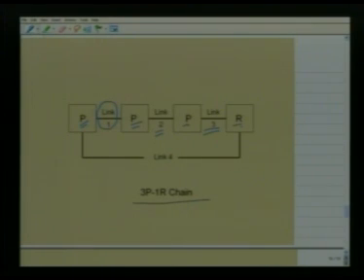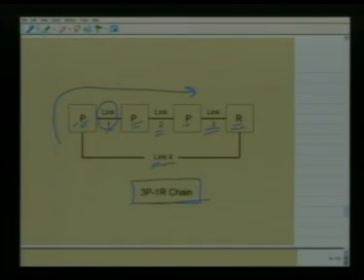There is a prismatic pair between link 1 and link 4, so there cannot be any relative rotation between link 1 and link 4. Thus, if we follow these 3 prismatic pairs, we conclude there cannot be any relative rotation between link 4 and link 3. Thus, this revolute pair, which allows only relative rotation between link 3 and link 4, cannot permit any relative motion. Thus, we can conclude that such a 3P1R chain cannot give rise to any mechanism.